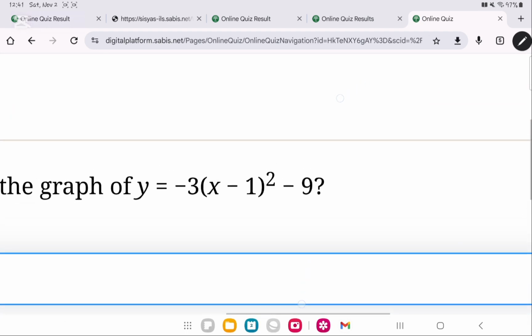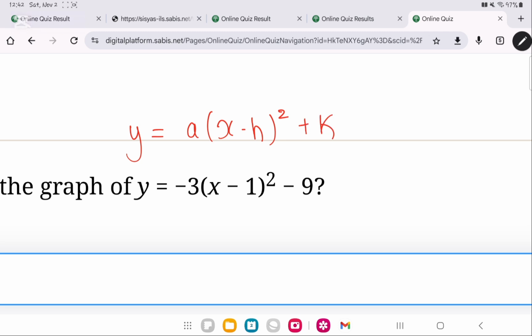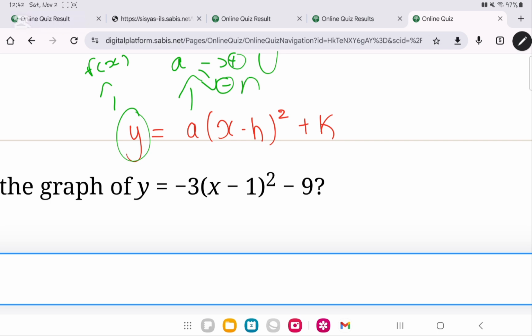This is very, very important. We're going to take the basic function y equals a(x minus h) squared plus k. The y is the same as f(x). Now, if a is positive, it will be pointing upwards. However, if a is negative, it will be pointing downwards.